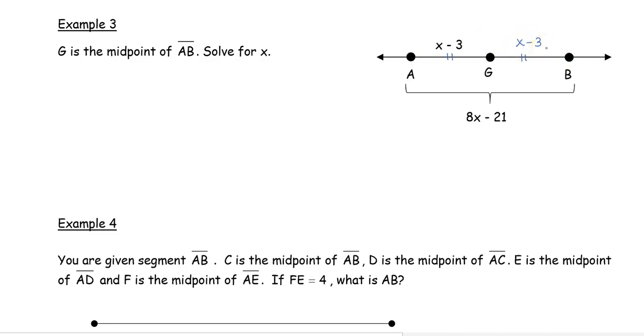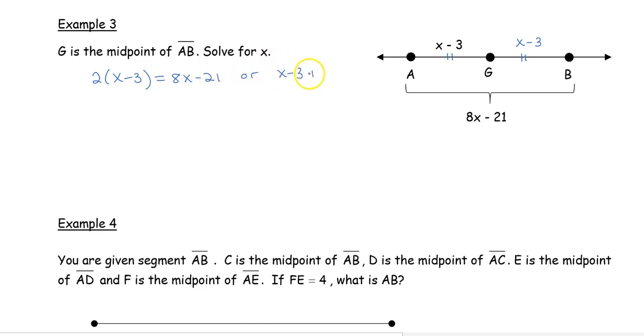They're the same. If they're the same number, they can be represented by the exact same expression. So it's going to take 2 of these segments, 2 AGs, which is x minus 3, to equal the whole of 8x minus 21. You could just add it twice.